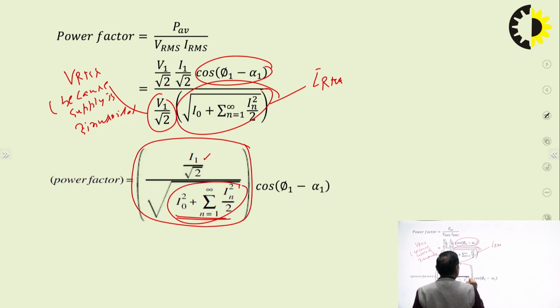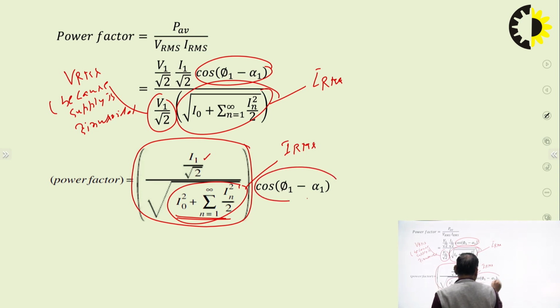What is this? This is Irms, because the Vrms terms cancel out. And this is the angle between the fundamental voltage and current.